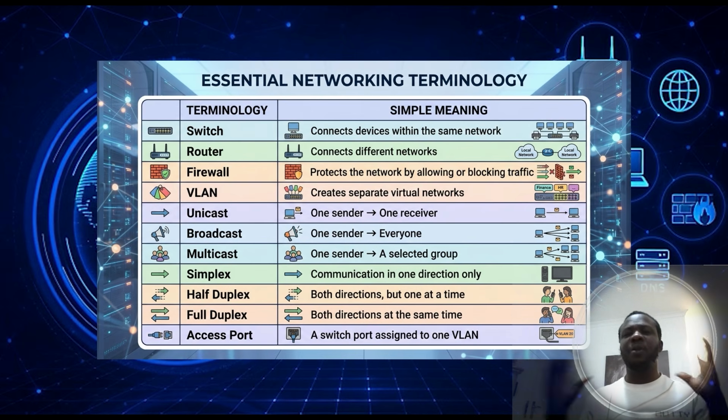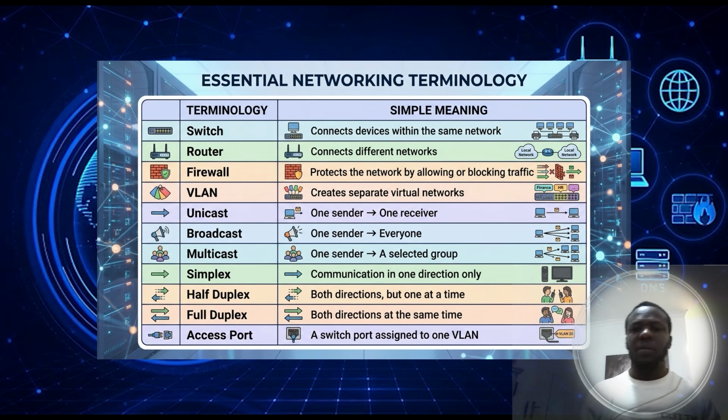VLAN creates a separate virtual network. Remember, V stands for virtual, LAN stands for local area network. Unicast, one sender, one receiver. Broadcast, one sender to everyone. Multicast, one sender to a selected group.